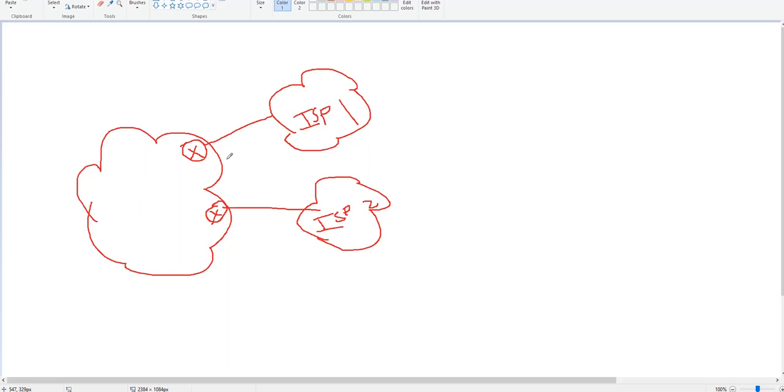And again, there is a purpose, or there is a scenario. Let's say this is your router and you have two links. Let's consider it like this: one is primary, one is secondary.